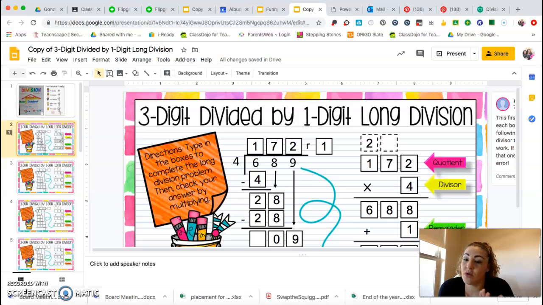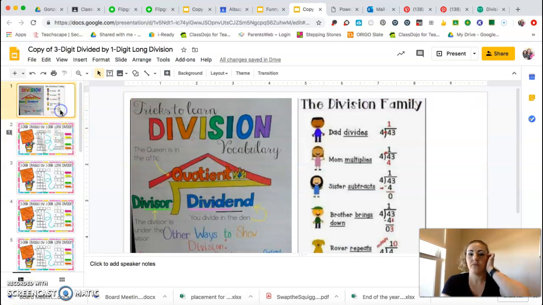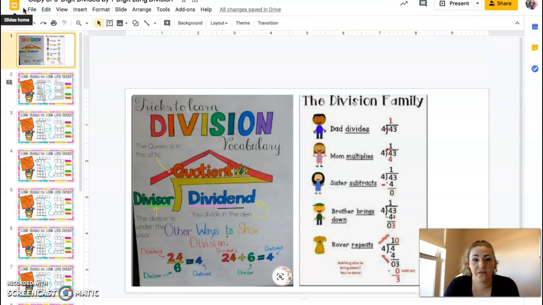If you are one of the students who said you want to use partial quotients, then you need to go to the other assignment and watch the other video.